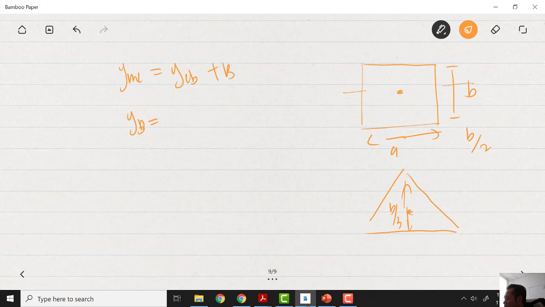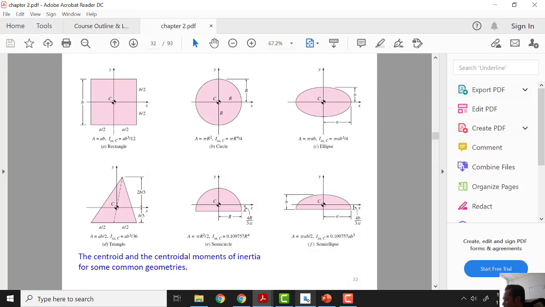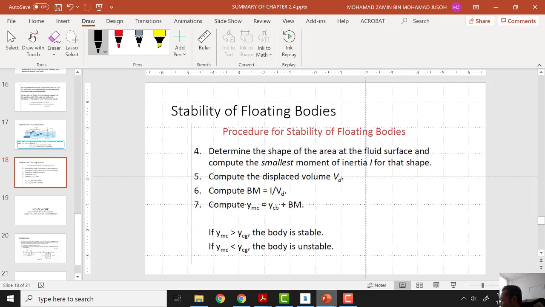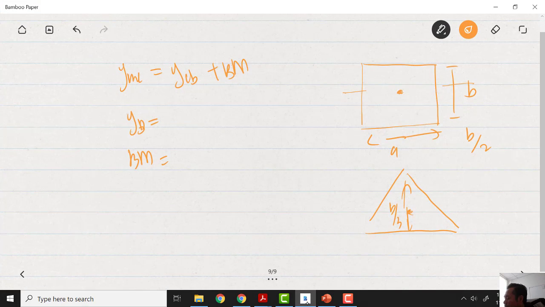Okay, so BM is equal to ISS over VD. So I XX or IYY over VD, depends.